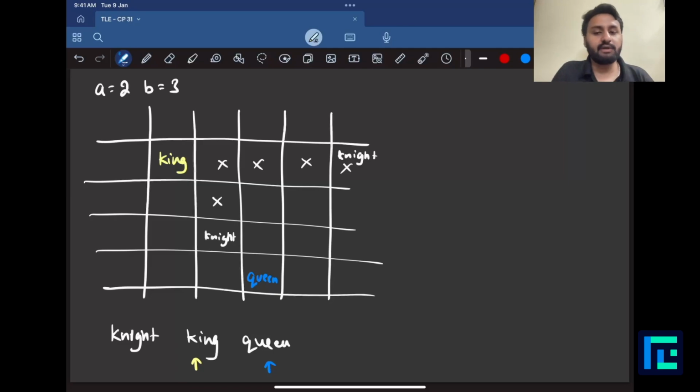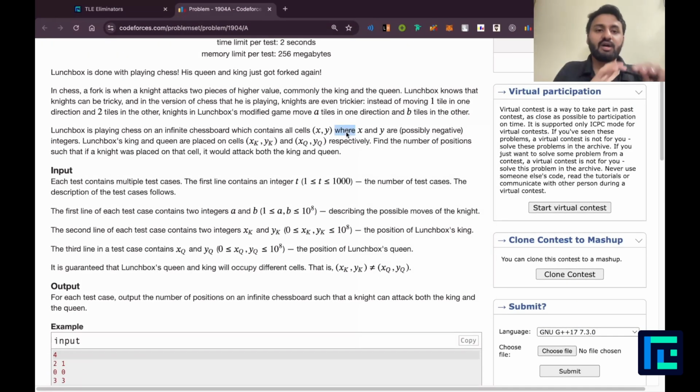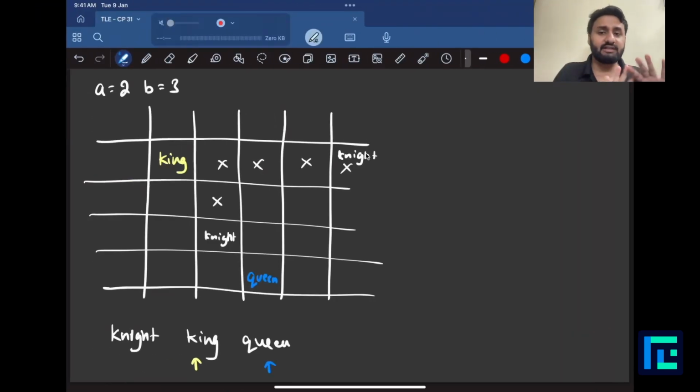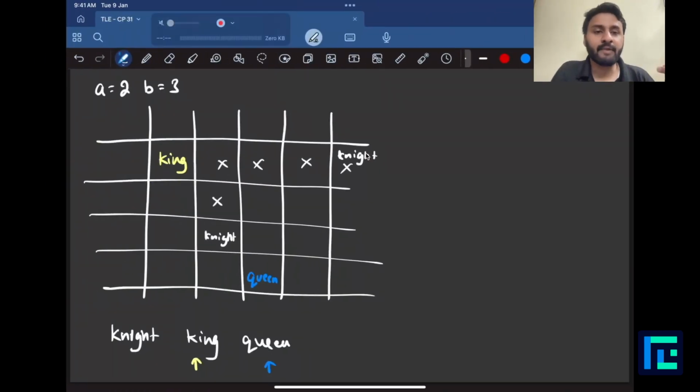Now what is asked of us? They are saying that since you have an infinite chessboard, expanding in a 2D horizon, there are of course some initial places where the knight can be kept. And a knight kept there can attack the queen or the king from some location.